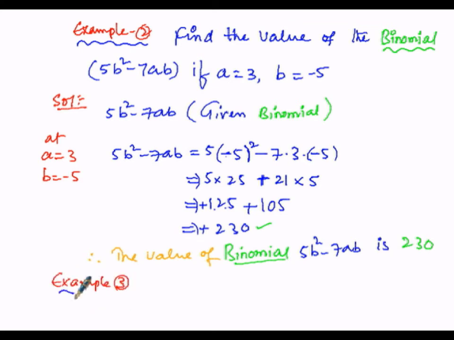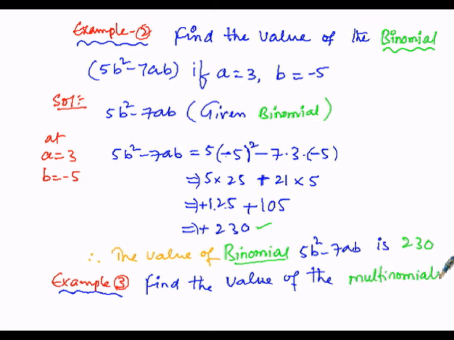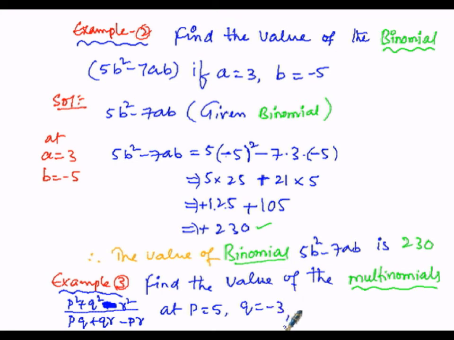In this example, let us find the value of the multinomials: p square plus q square minus r square, overall divided by pq plus qr minus pr, at p equals 5, q equals minus 3 and r equals 2. So we have to find the value of the multinomials.